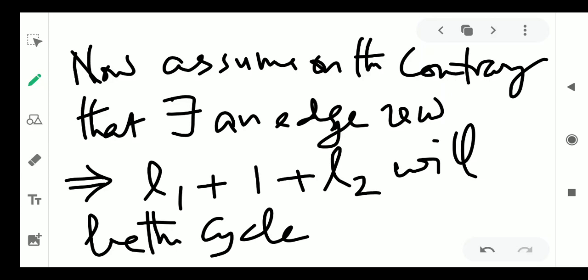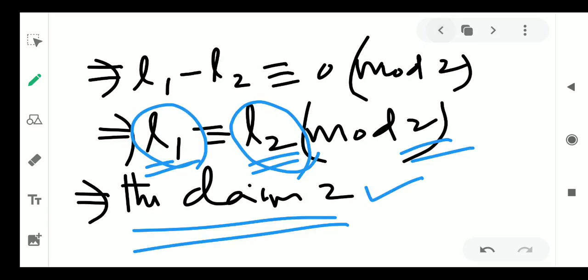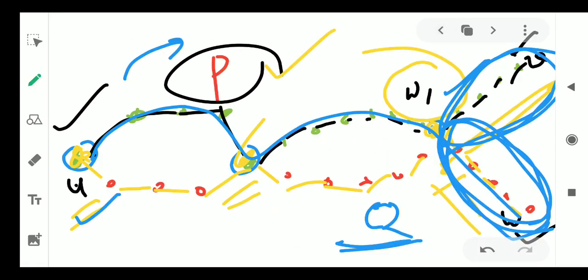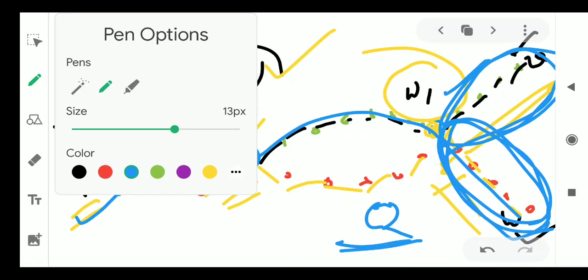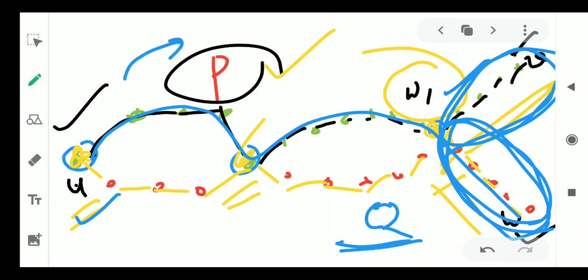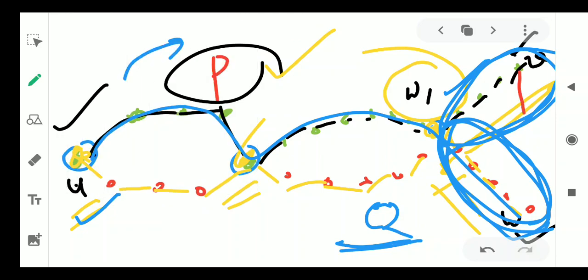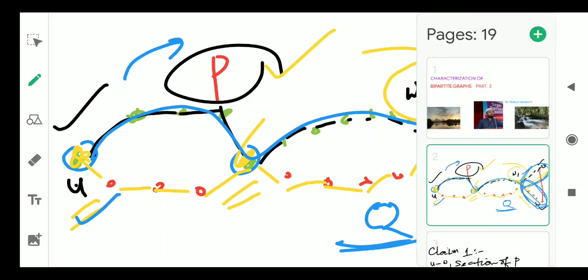Now we come to almost the end of the result. Now assume on the contrary that there exists an edge VW. Let us go to the figure first. Now we assume that there is an edge here. We have to prove that there is no edge at all, but if we assume that VW is an edge, we'll arrive at a contradiction.